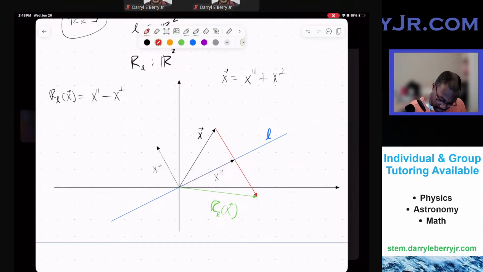But this line here is X perpendicular. These are X parallel minus X perpendicular. That's what this line is.